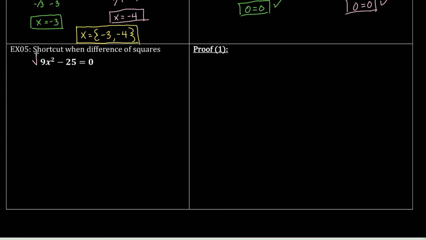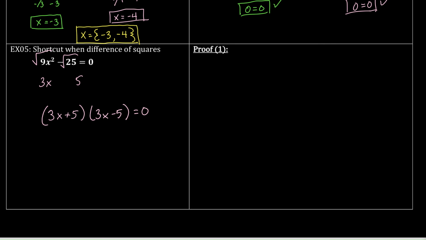I'm going to show you the other shortcut, okay? So remember this one, we can take the square roots. So the square root of 9x squared is 3x. The square root of 25 is 5. So I write 3x plus 5 times 3x minus 5.